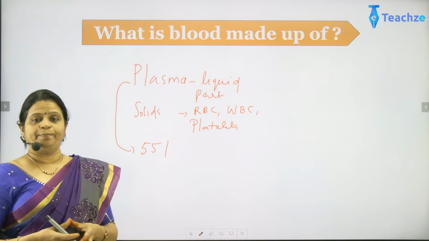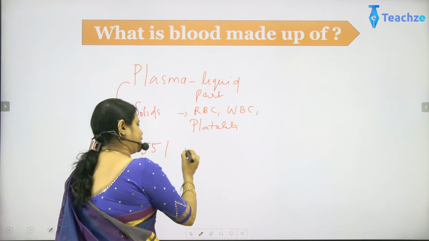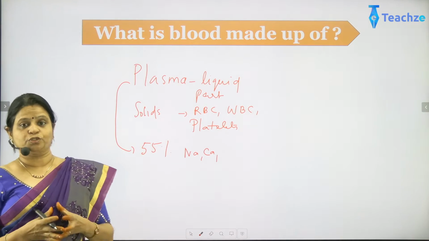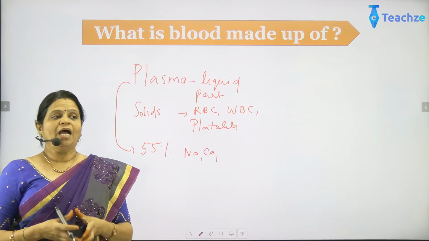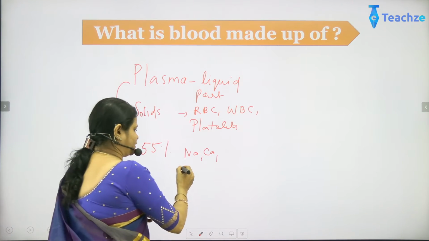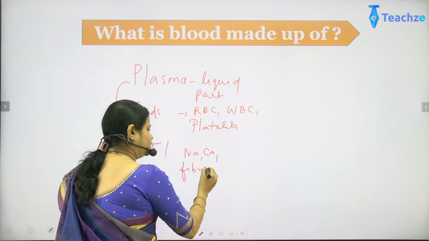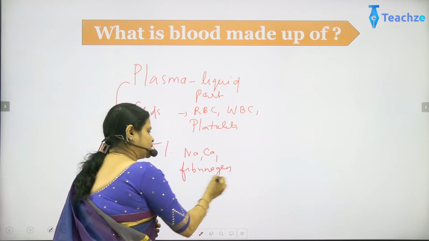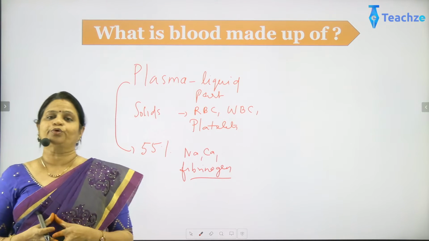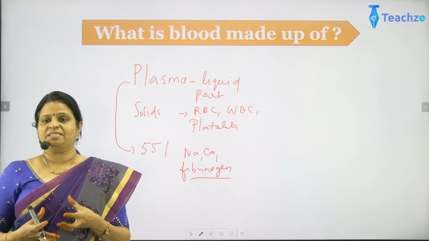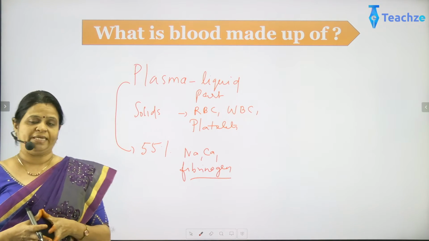It also contains innumerable salts like sodium, calcium and phosphates, all the salts which are needed for the body. The clotting factor precursor, fibrinogen, is also present in the plasma. Basically, it is a storehouse for all these products. They are released into the bloodstream whenever the function needs them.